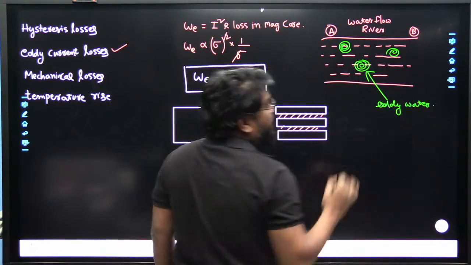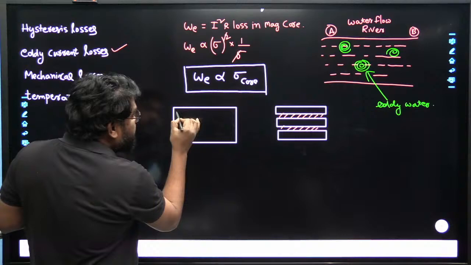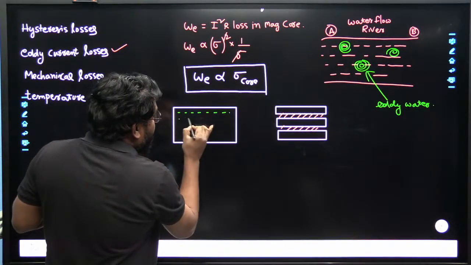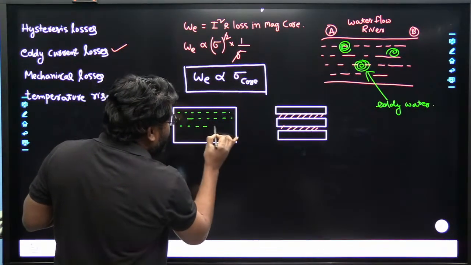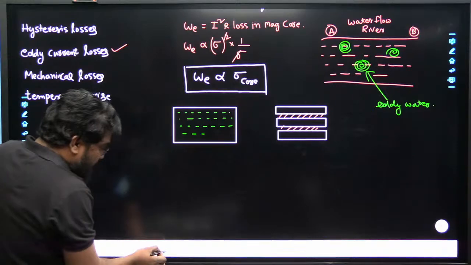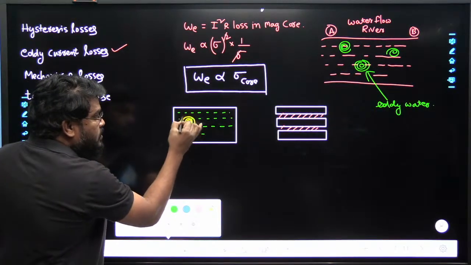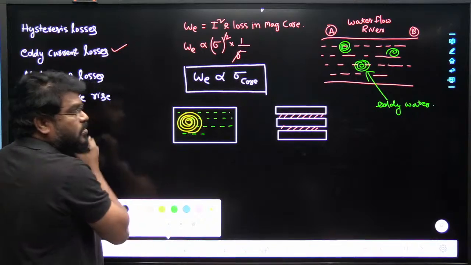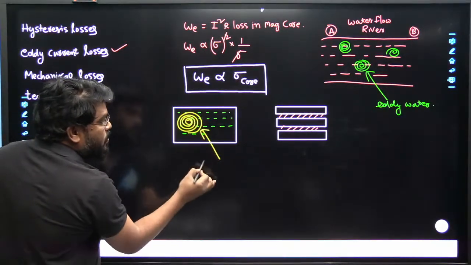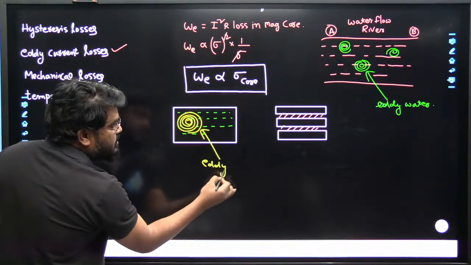Similarly, when current passes through this core material, some amount of the current circulates within the core. This current is known as eddy current. All of you clear?